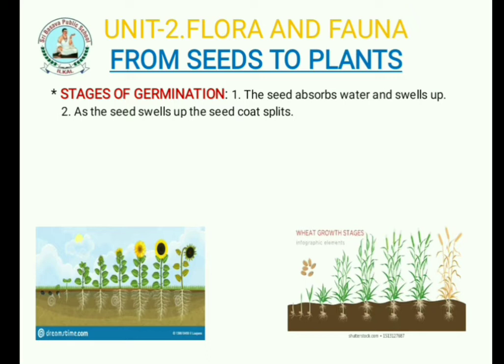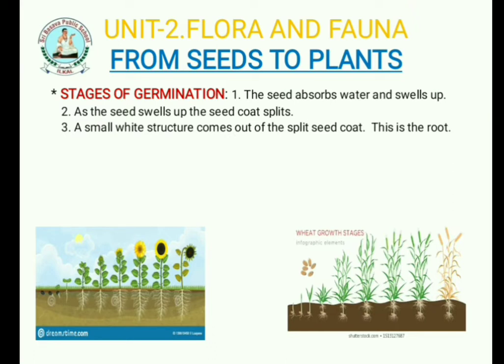The seed coat automatically splits or falls away, because at that time the seed absorbs water and becomes big in size, so automatically the seed coat splits.